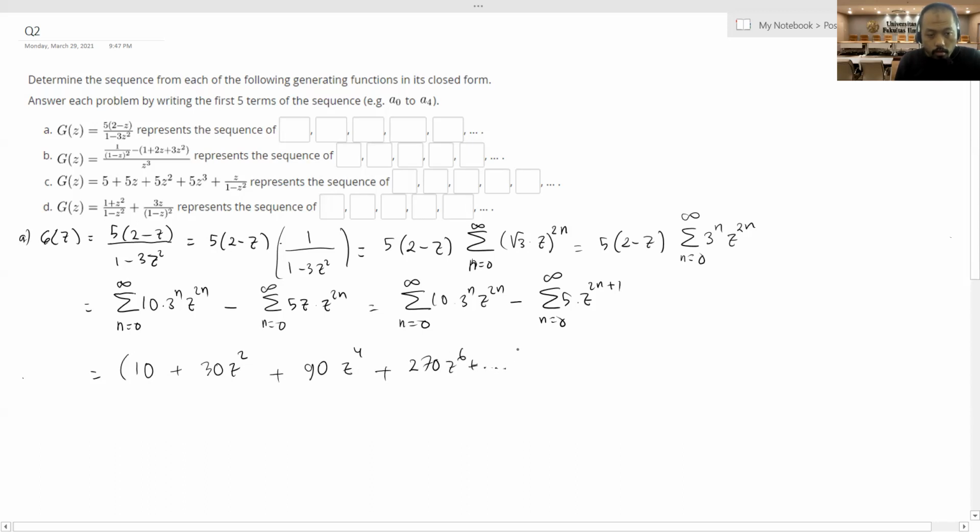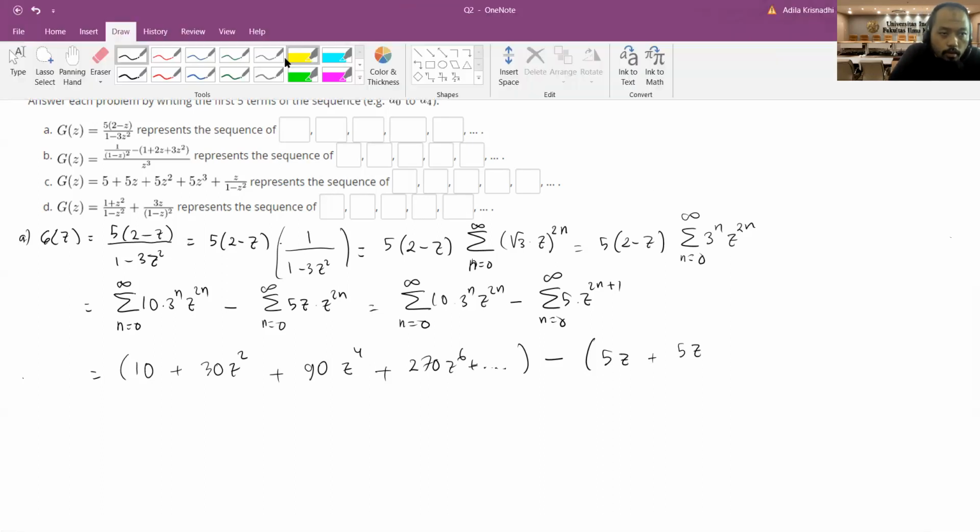Whereas for the other terms you have 5z plus 15z cubed. Oh, I forgot the 3. I'm sorry, it should have been this one.